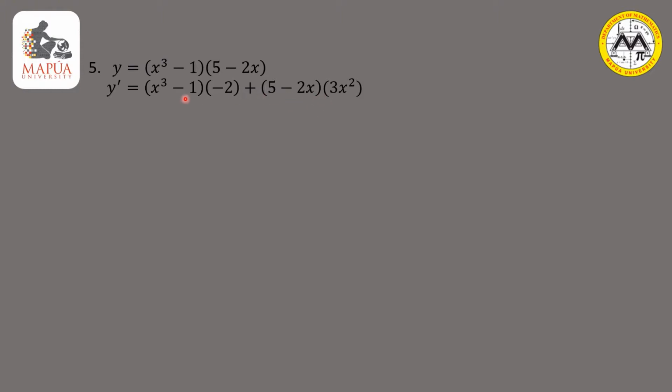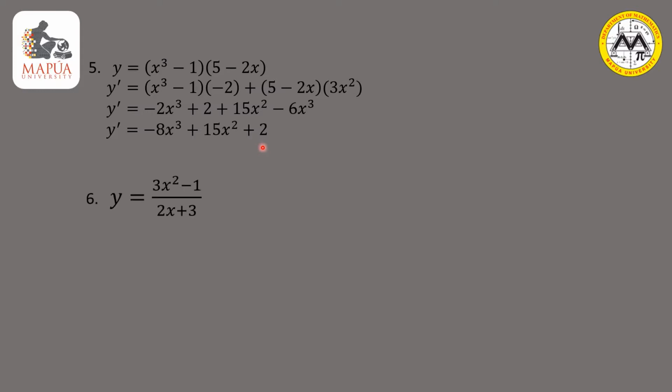When we multiply these factors as indicated, then we will have y prime equal to negative 2x cubed plus 2 plus 15x squared minus 6x cubed. And when we simplify this by combining similar terms together, that is combining the x cubed terms together, then y prime will just be equal to negative 8x cubed plus 15x squared plus 2.